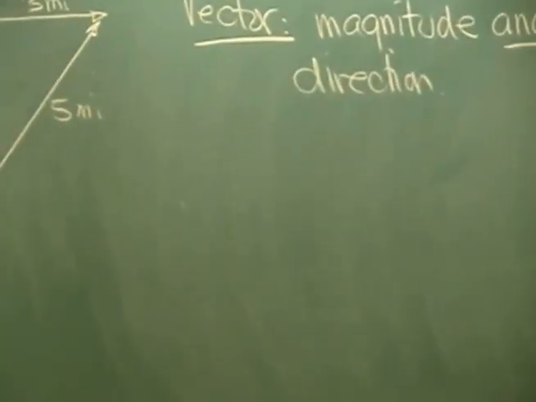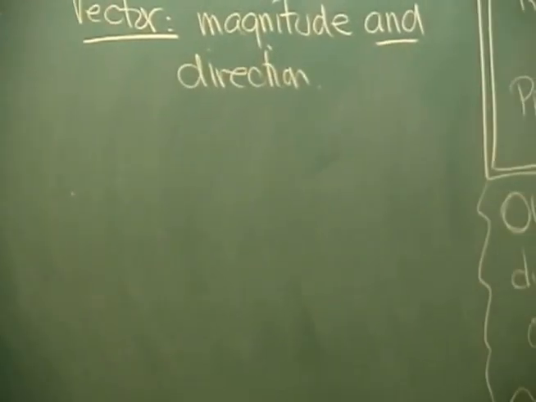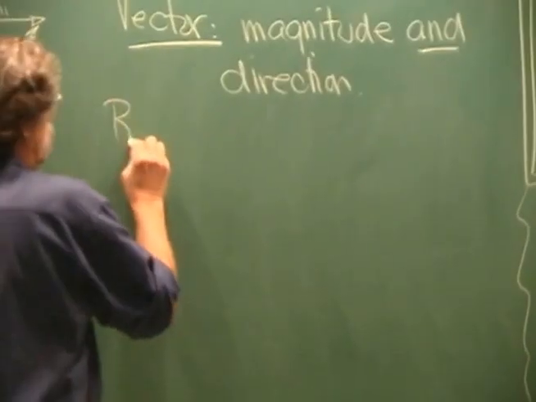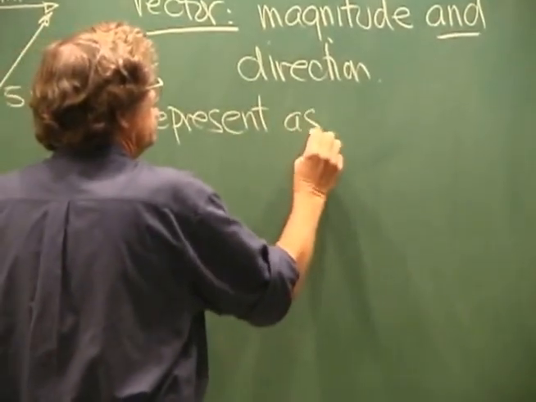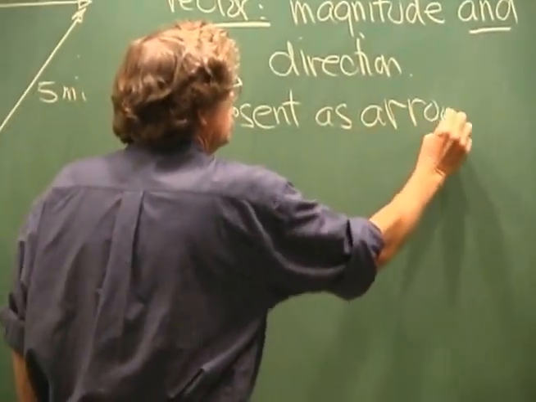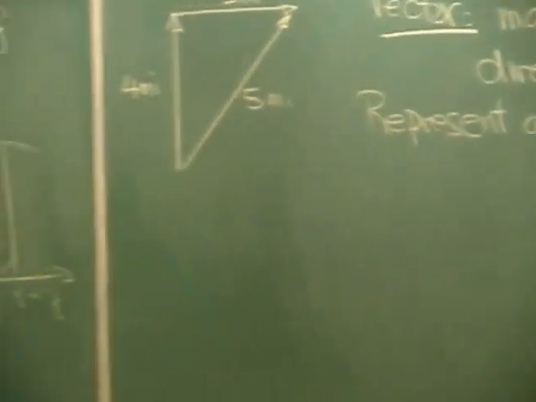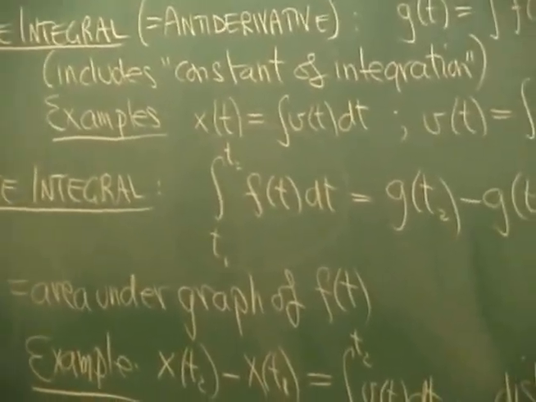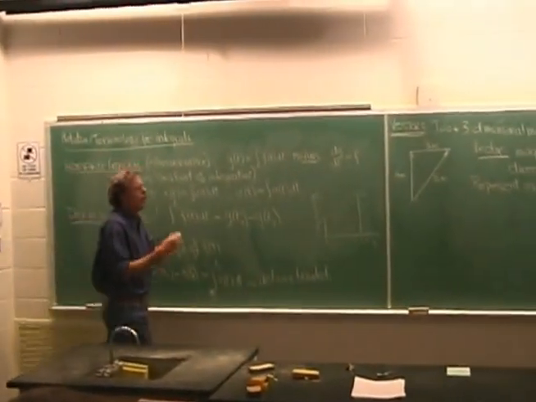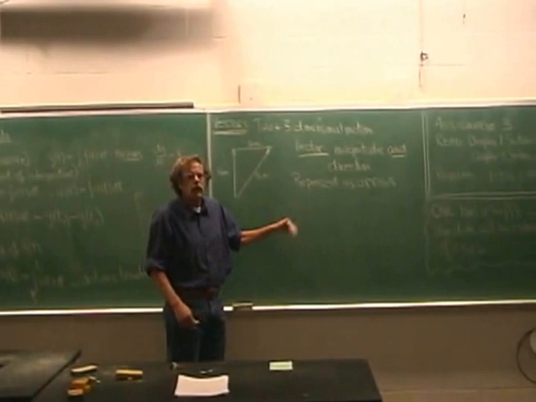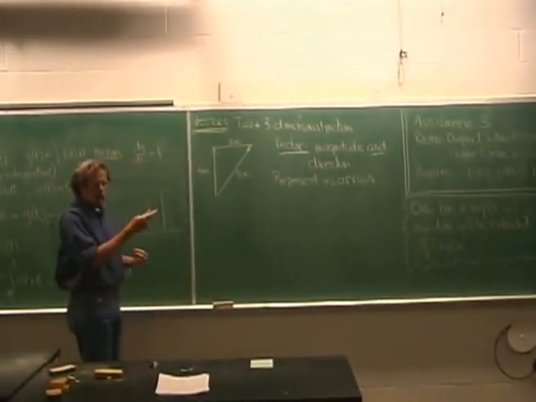On the blackboard, we will write vectors as arrows, just as I did here. In fact, always, if you want to know how vectors behave, think in the back of your mind how displacements behave. The whole theory of vectors is designed to mimic the behavior of displacement.